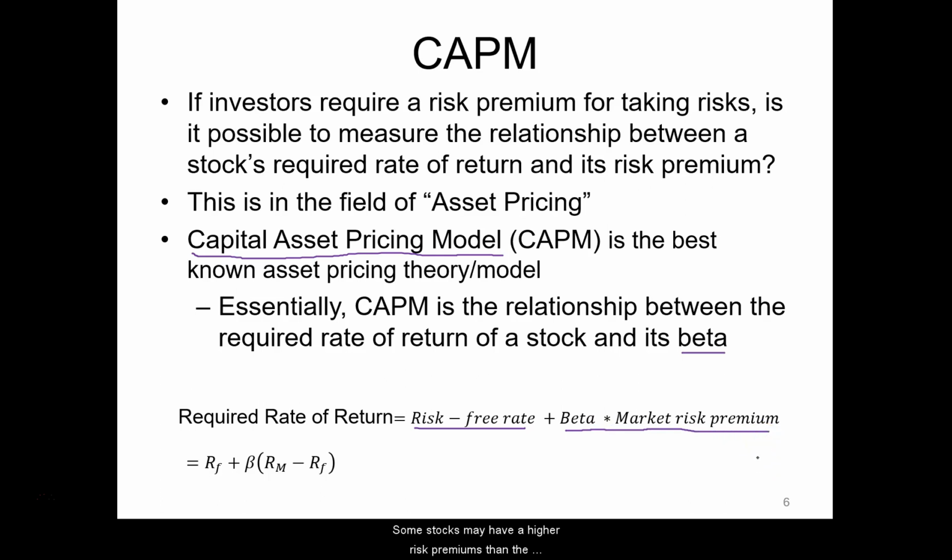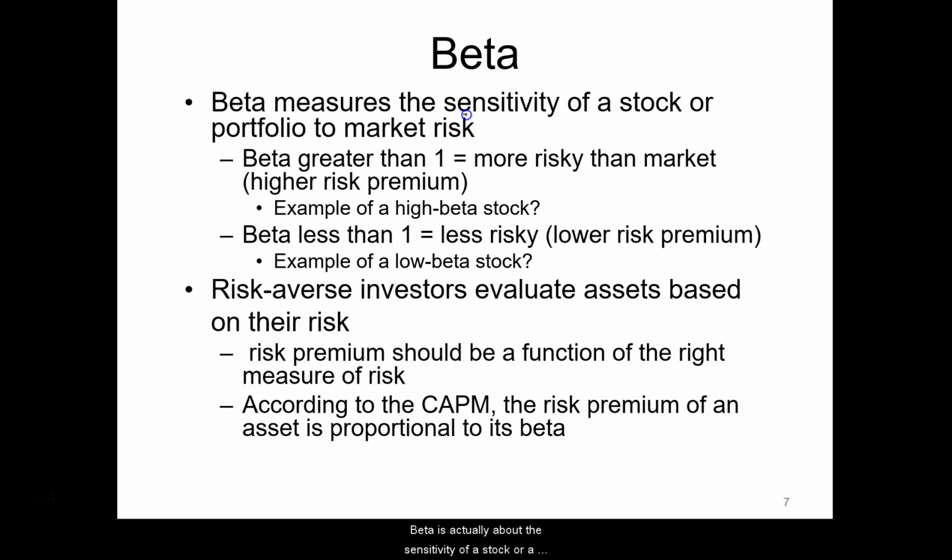Some stocks may have a higher risk premium than the overall market risk premium. Some stocks may actually have a lower risk premium than the overall market risk premium. So we use beta multiplied by the market risk premium to measure the risk premium for a stock itself. Then your question may be, okay, what is beta? Beta is about the sensitivity of a stock or a portfolio to the market risk.